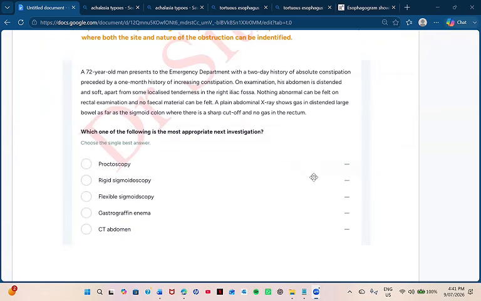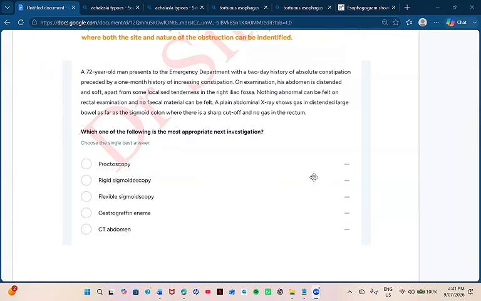72-year-old, emergency department, 2-day history of absolute constipation, preceded by a 1 month history of increasing constipation. On examination, his abdomen is distended and soft apart from localized tenderness in the right iliac fossa. Nothing abnormal can be felt on rectal examination and no fecal matter can be felt.